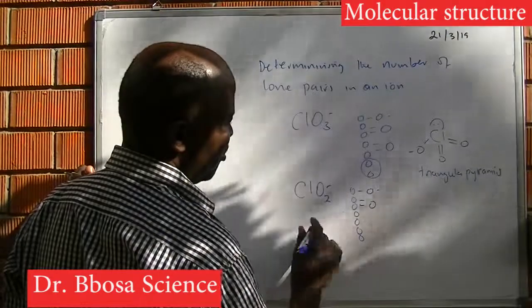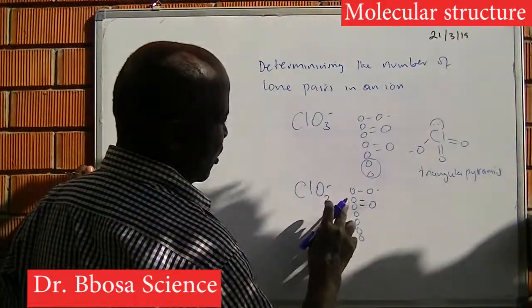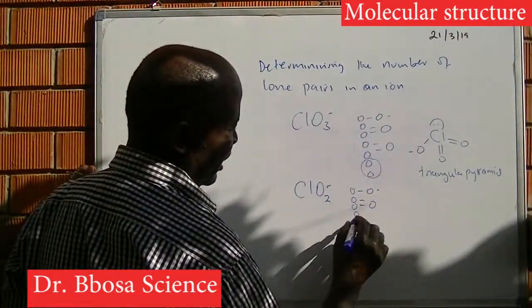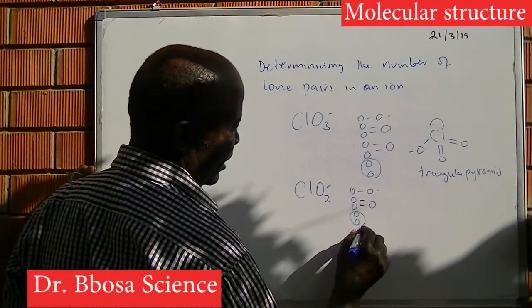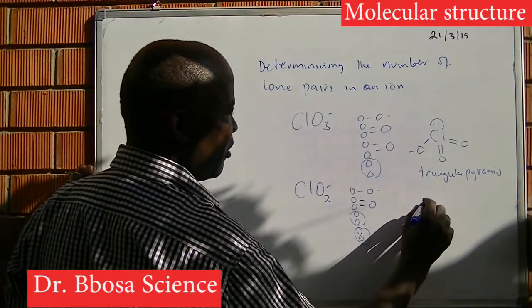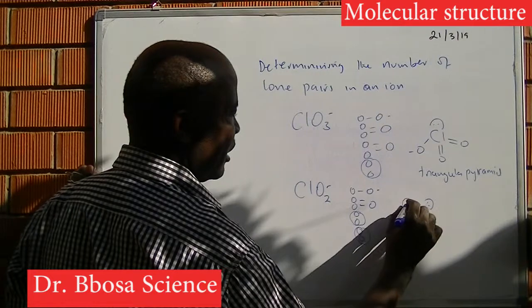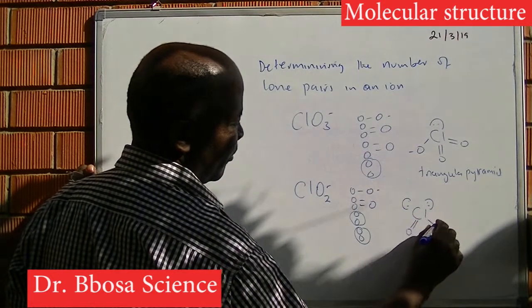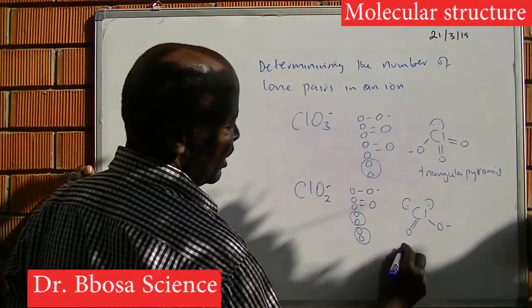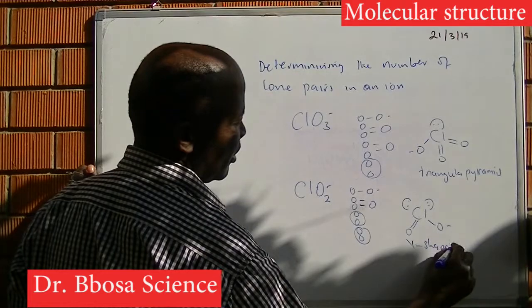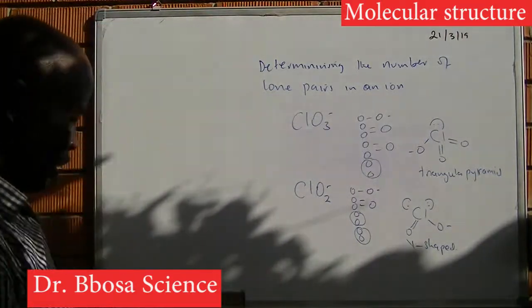The second oxygen will bond with 2 electrons on the outermost shell of chlorine, so there will be 2 lone pairs of electrons. So we shall draw this molecule with 2 lone pairs, and 1 oxygen carrying a negative charge, and this is V-shaped. That is V-shaped.